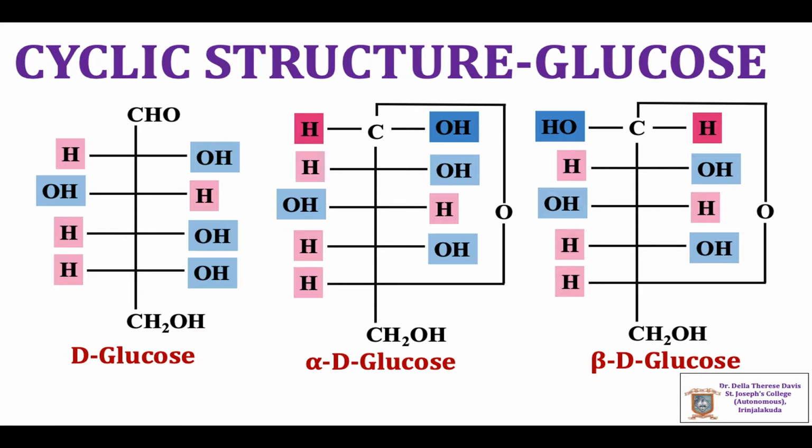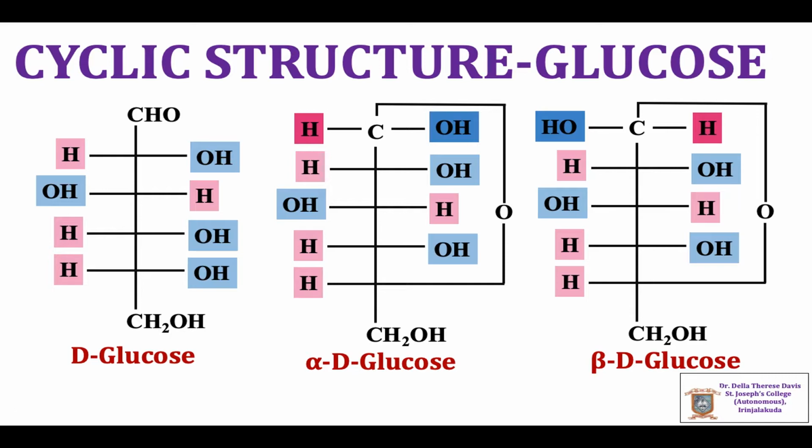When the cyclic structure is formed, a new chiral center is introduced because the C double bond O will change to C-OH, and carbon will form a bond with the oxygen of the alcohol group, and thus a new chiral center is generated.